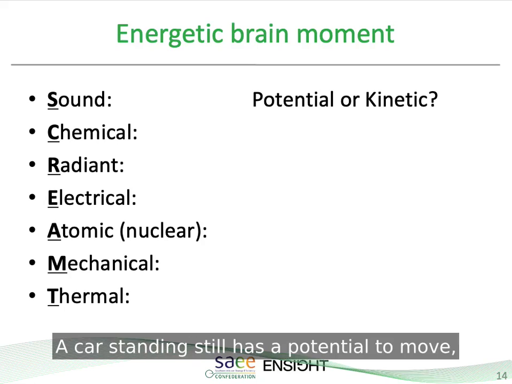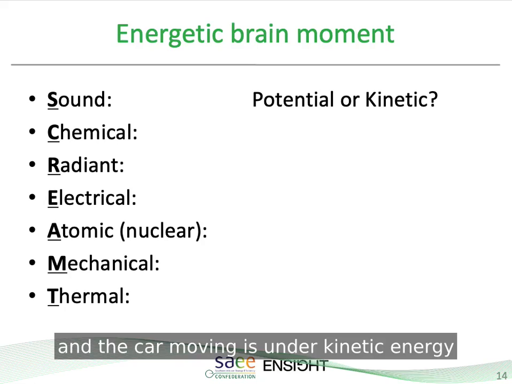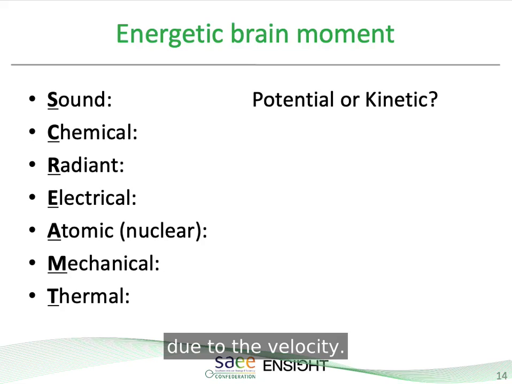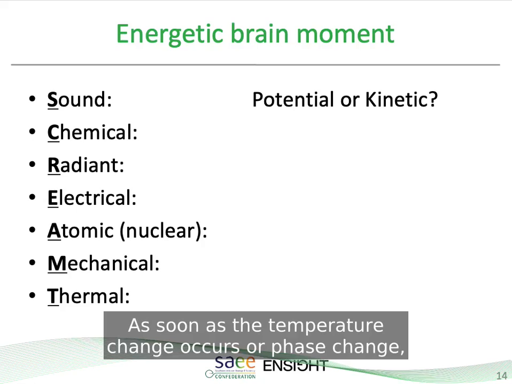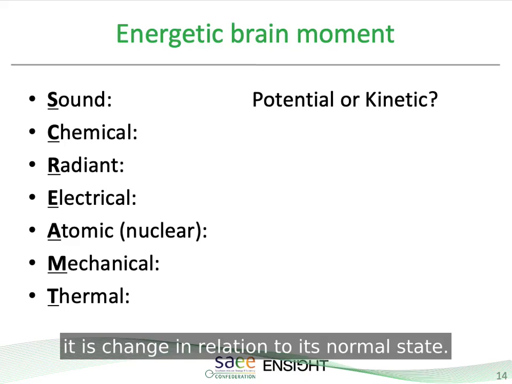A car standing still has a potential to move, and a car moving is under kinetic energy due to the velocity. Thermal energy is kinetic energy. As soon as a temperature change or phase change occurs, there's a change in relation to its normal state.